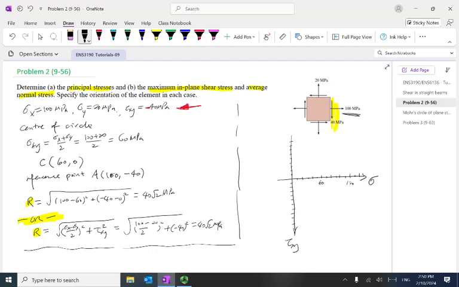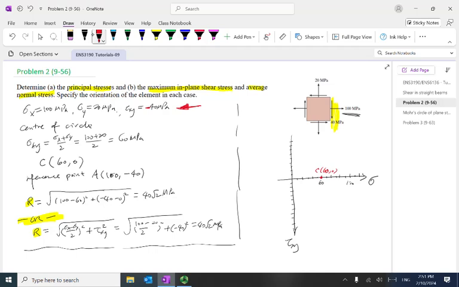We write down that the center C is here, 60, 0. And the radius: this is 40 times 1.4, roughly 56.